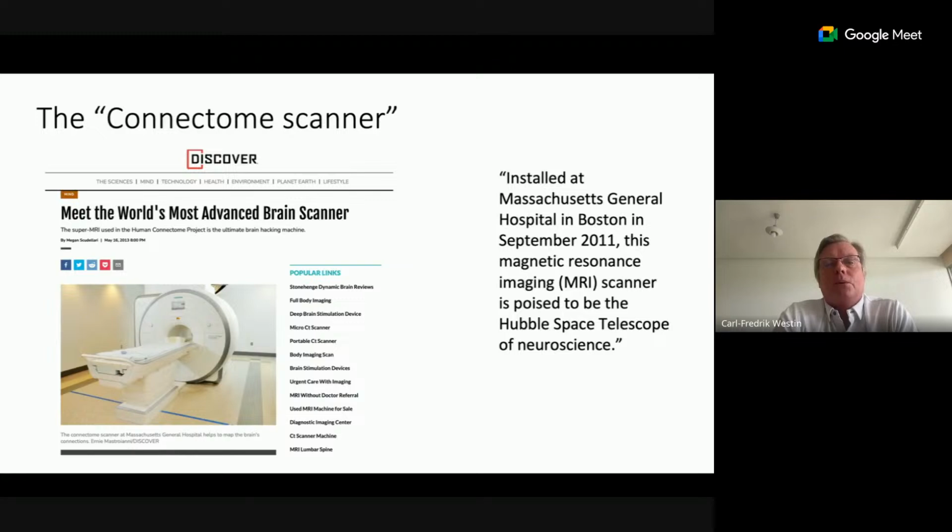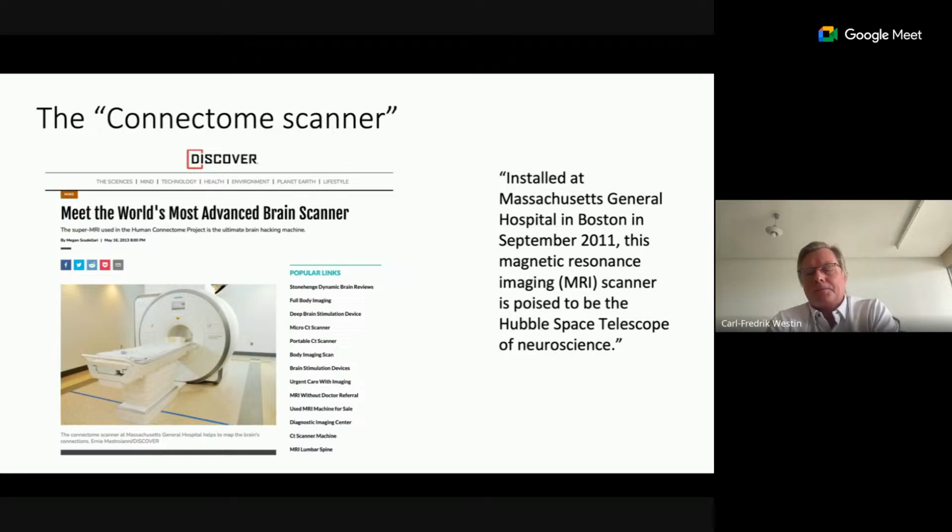This was all known over 10 years ago, but we didn't have the hardware. The first so-called Connectom scanner, designed to look at white matter tracts, was installed at Mass General Hospital in 2011. It was an amazing engineering effort to get this together.